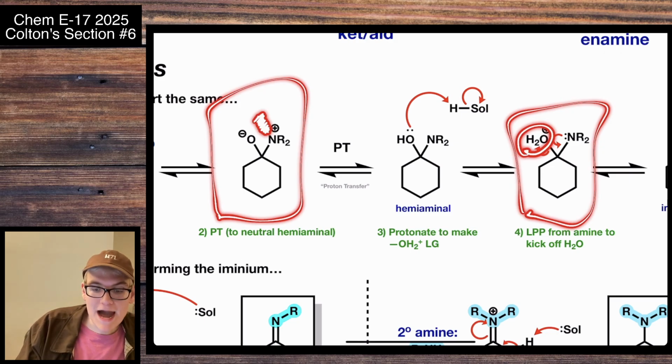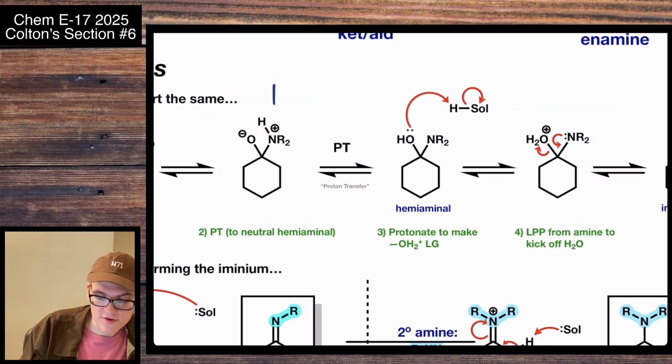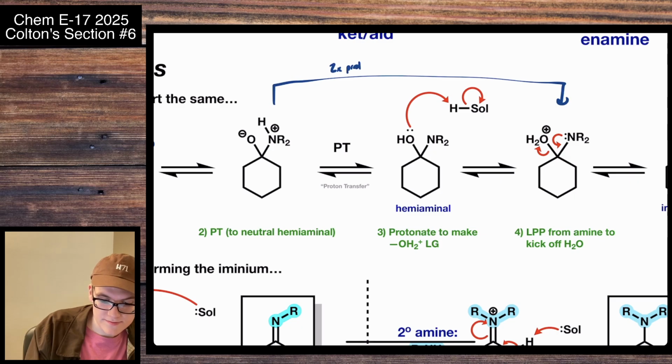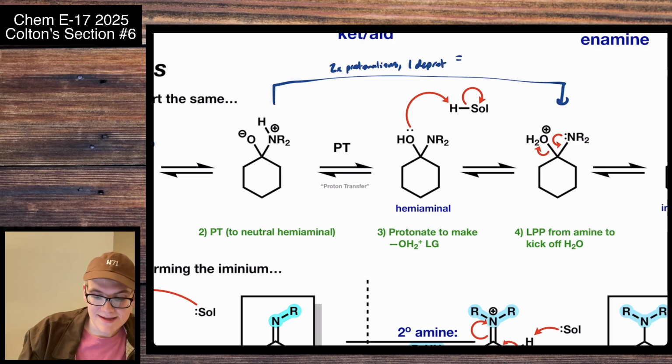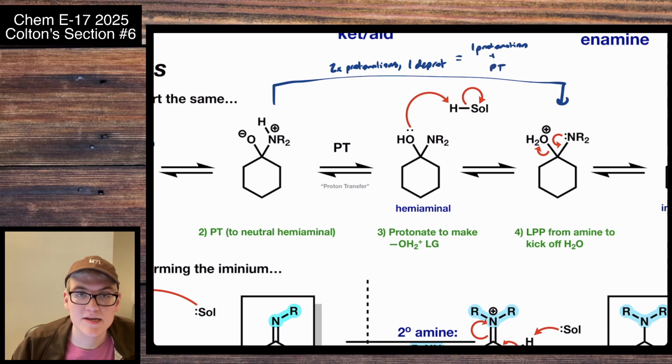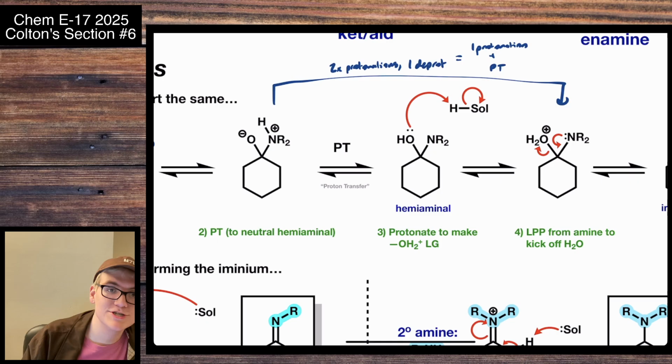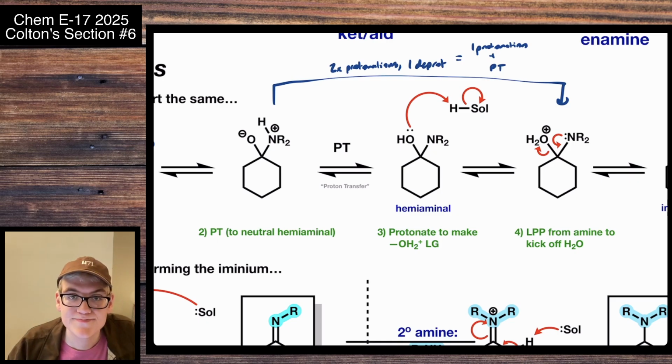So no matter how you cut it, getting from this first point to this point, you need to do 2 protonations and 1 deprotonation. Another way to say that is you need to do 1 protonation plus a proton transfer. Because remember, we can abbreviate a protonation and a deprotonation as a proton transfer.